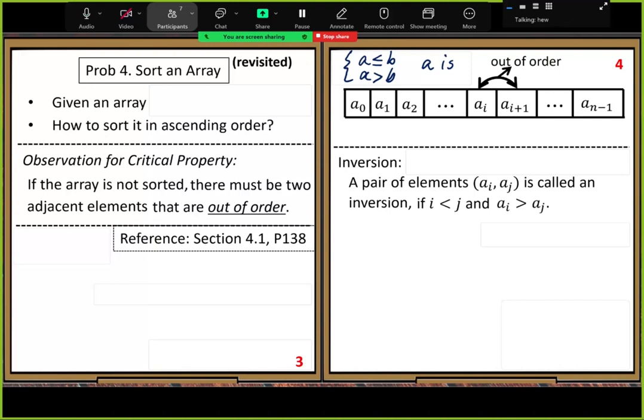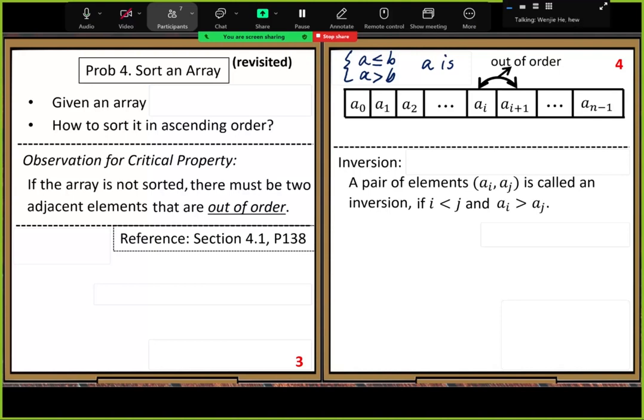If i is less than j, the subscript i is less than subscript j, that means the location is in order. A sub i is before, in front of A sub j.